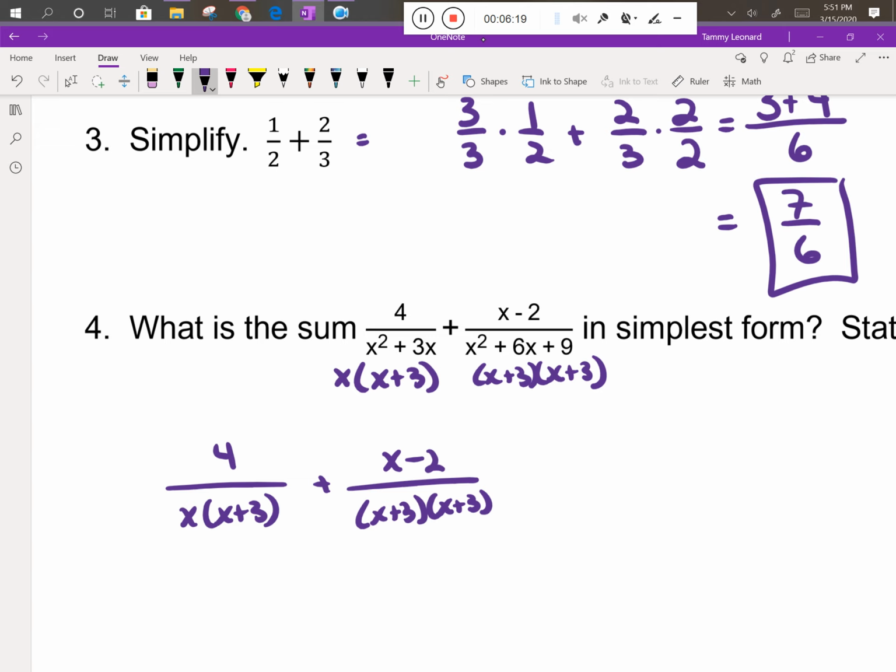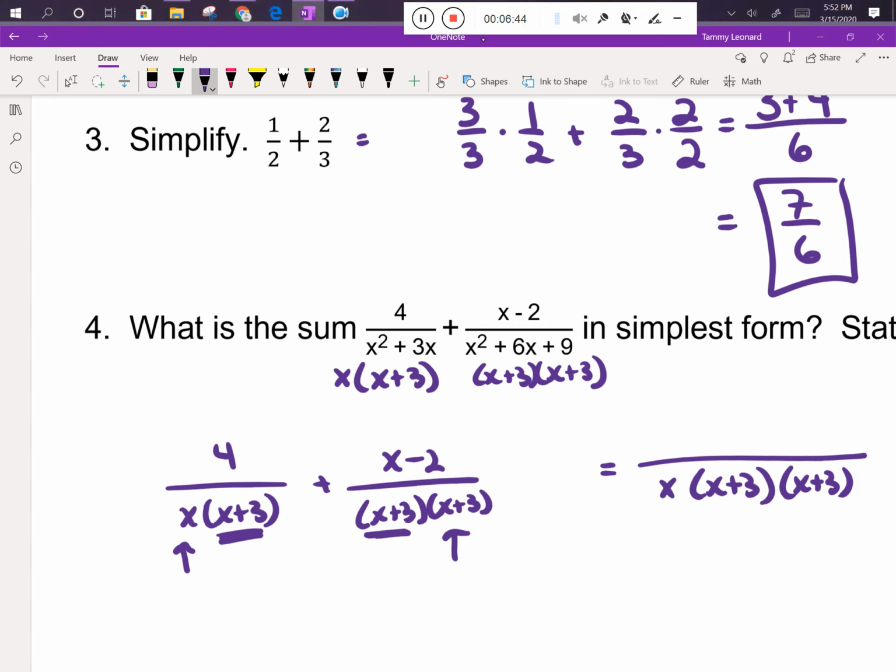I'm going to leave some space, write an equal sign, and in my denominator I'm going to put that least common multiple. Notice they both have an x plus 3. So there's going to be an x plus 3 in my least common multiple. But notice this one has an extra x plus 3. And this one has an extra x. So there's my least common multiple.